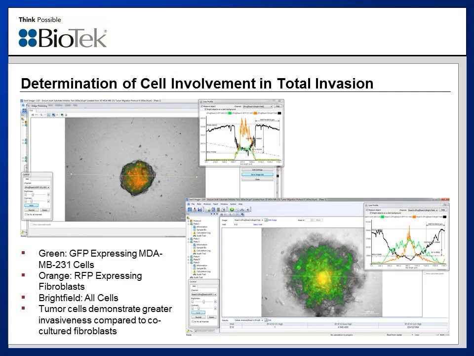And finally, the extent of migration for each cell type co-cultured into the tumoroid structure can also be examined. Here again, we see Z-projected overlaid images of our tumoroid on day 0, seen here, and then on day 5.